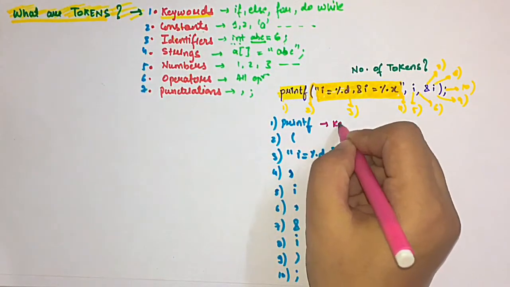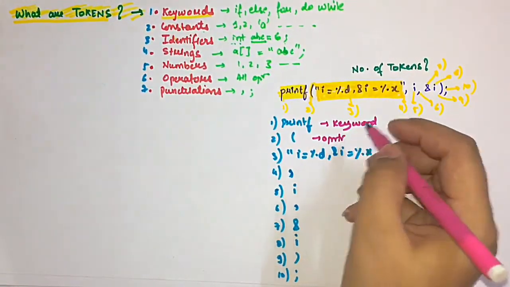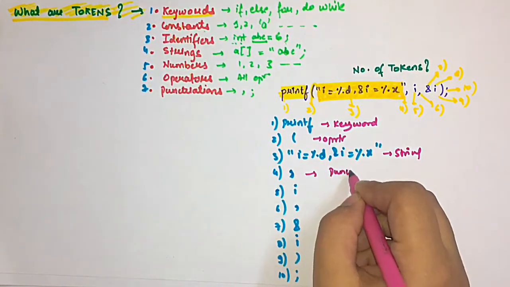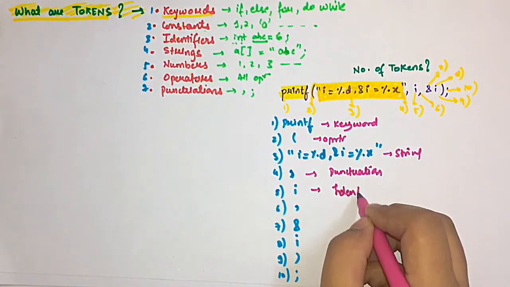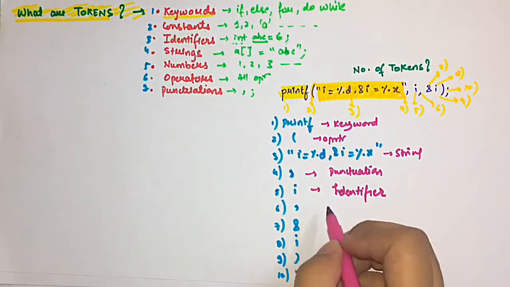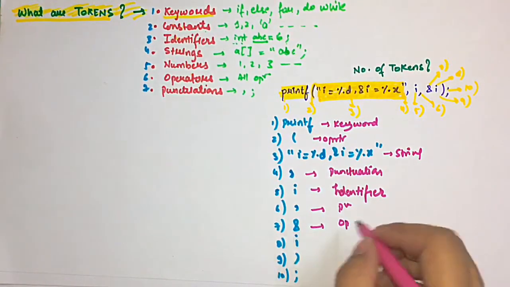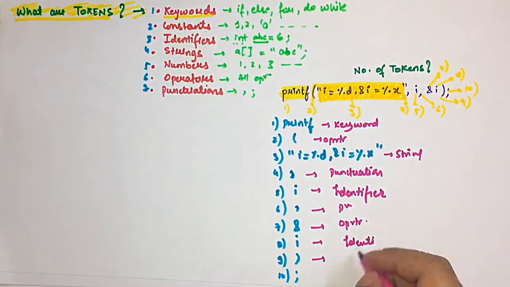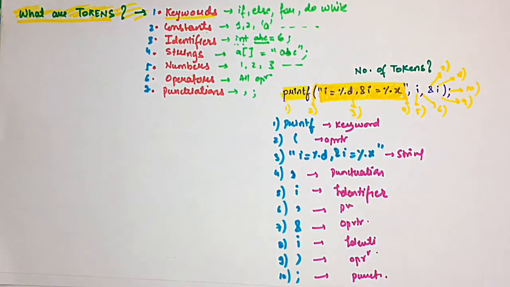This is keyword, operator, string, punctuation, identifier, punctuation, operator which is bitwise and, identifier, operator, and punctuation. Okay guys, now let's come to the main point, which is lexical error.